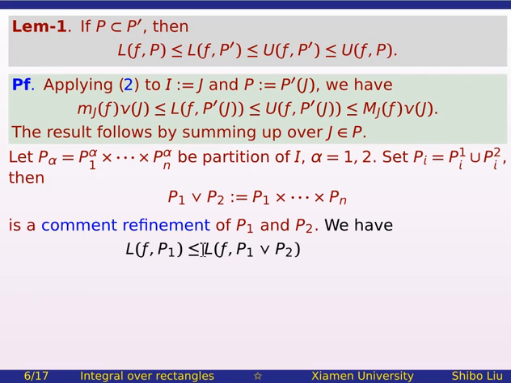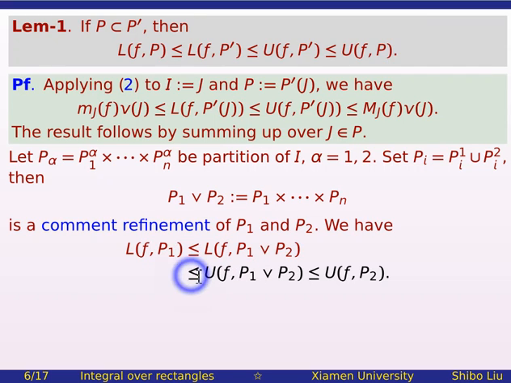So we have proved that if you refine a partition, the lower sum will increase and the upper sum will decrease. So since P1 wedge P2 is a refinement of P1, you see that the lower sum with respect to P1 will not be greater than the lower sum with respect to the common refinement, and the lower sum is always not greater than the upper sum.